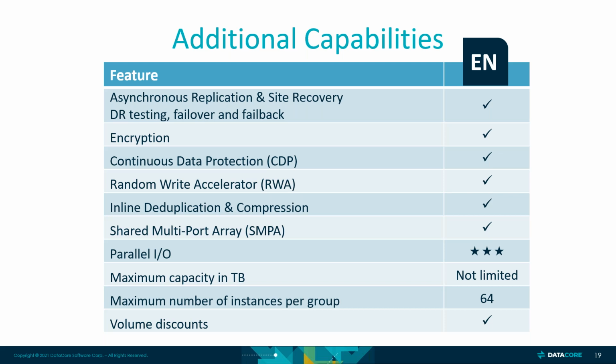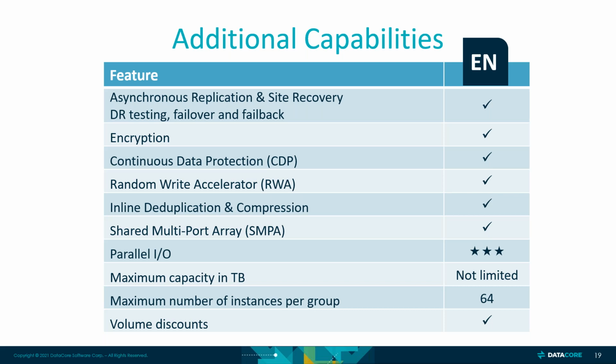That is something that might be a good reason to turn on the EN features. Another might be simply you're exceeding the 38 terabyte limit, or you want to go beyond the 2 nodes. That would be a really good thing to do.